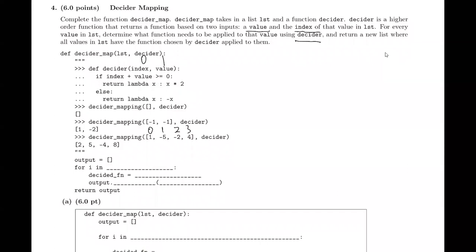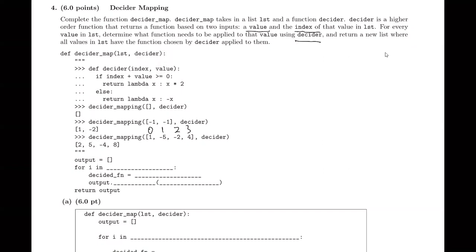Well, 0 plus 1 is greater than or equal to 0, so we'll plug 1 into the lambda function and we'll come back out with 2, as shown there. Cool. So now we have 1 and -5. 1 plus -5 is not greater than or equal to 0, so we'll instead plug -5 into the second lambda function, which will give us back 5.